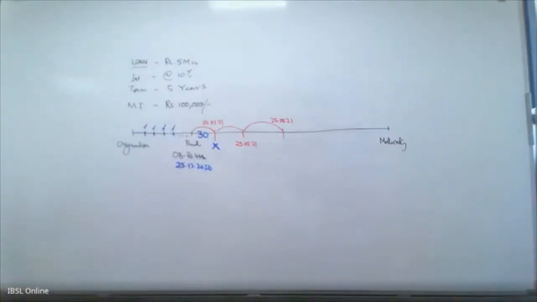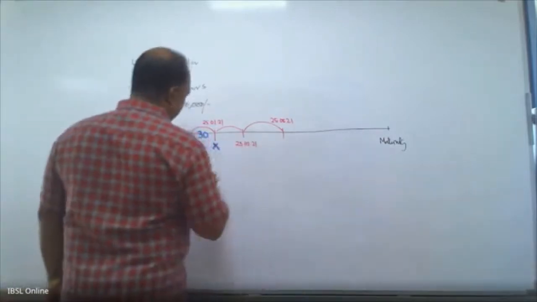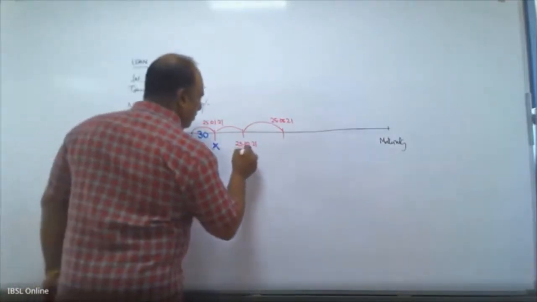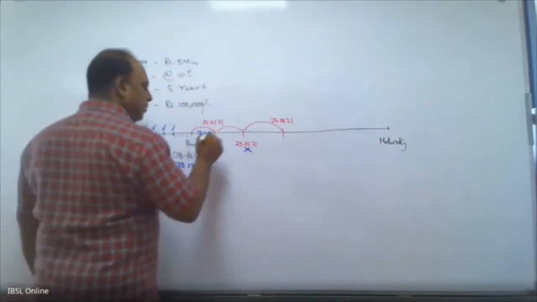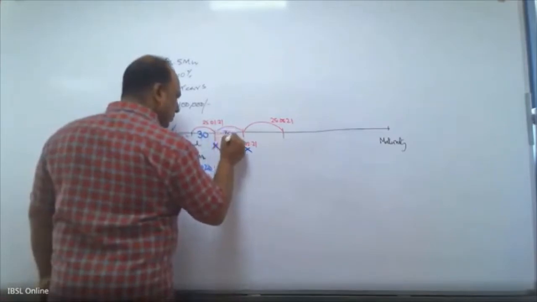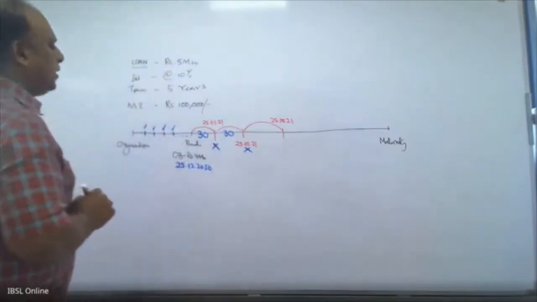Now we reach 25th of February. The customer doesn't pay. What happens? Another 30 days gone.